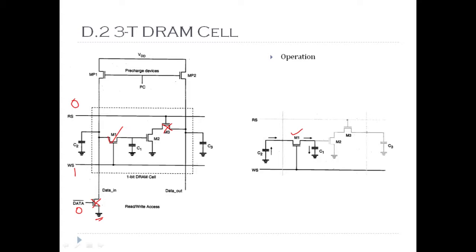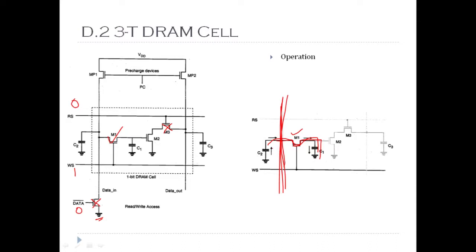Now during a write operation, we know that this bit or the column has a voltage close to VDD, and M1 provides a small resistance path for this capacitor. So C1 is charged by the voltage on C2 via M1.